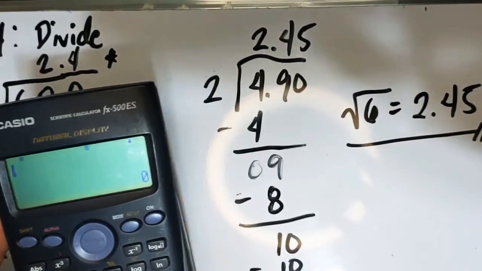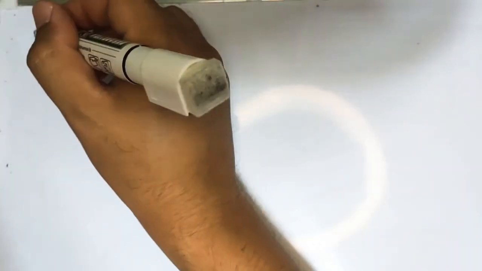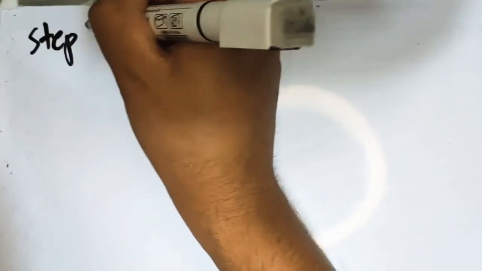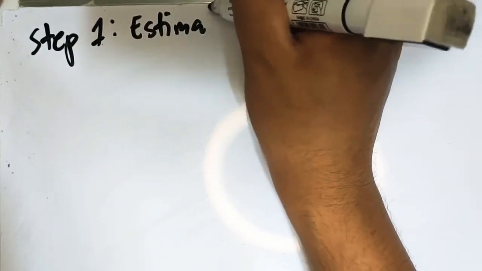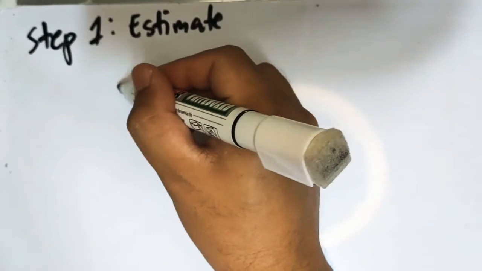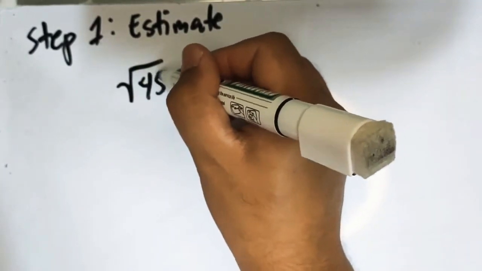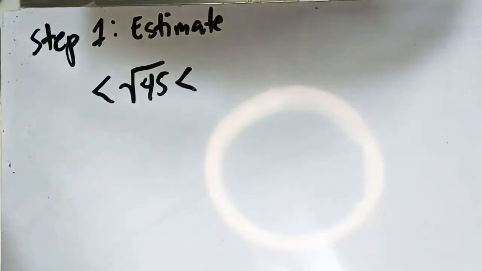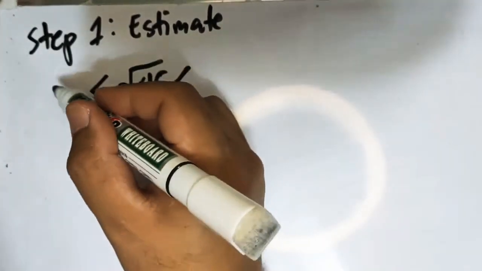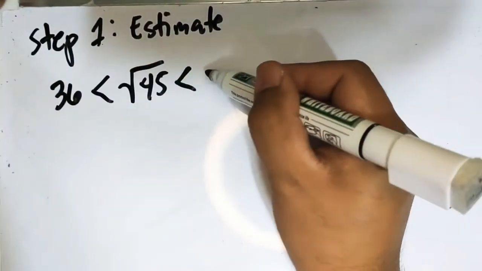Okay, so this time we will estimate the square root of 45. So step 1, estimate square root of 45. Okay? So, ang square root of 45 ay nakapagitan siya sa dalawang perfect square na 36 at 49.